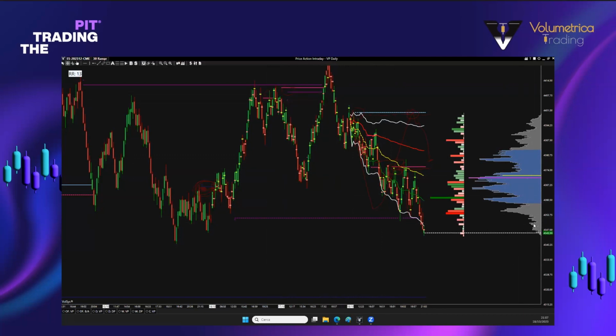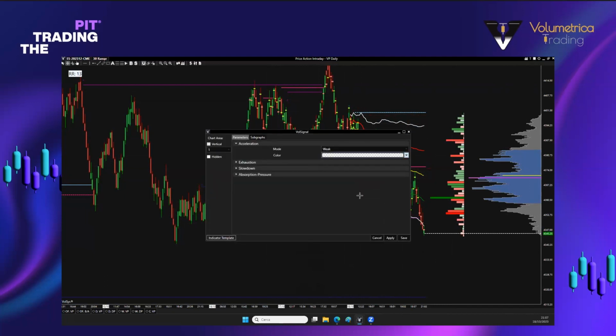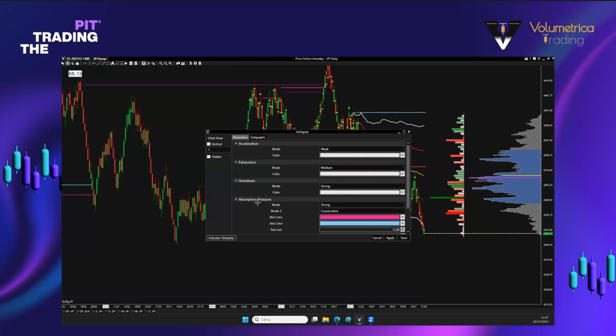Of course, this indicator comes also with some adjustments you can do. The indicator here, that's called vol signal. The feature is absorption or pressure.